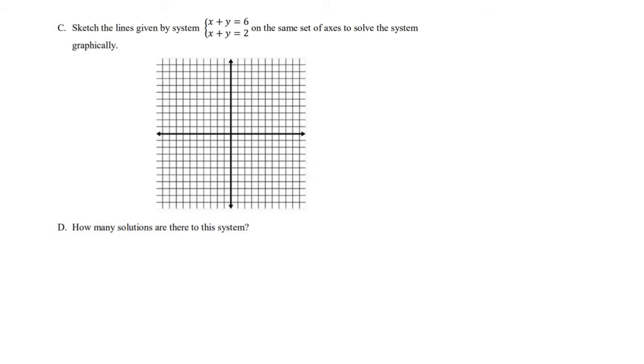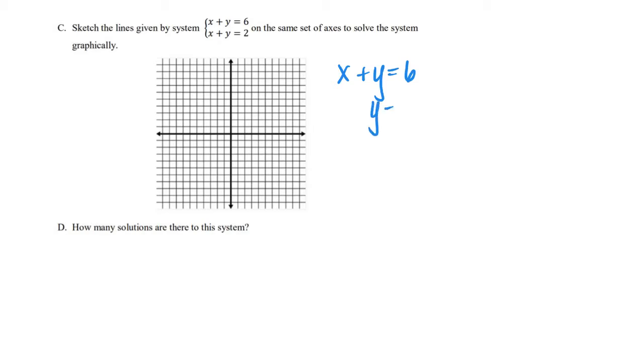Let's look at a second example. Sketch the lines given by the system x plus y equals 6 and x plus y equals 2 on the same set of axes to solve the system graphically. So let's approach it the same way. I'm going to solve each one of these equations for y.